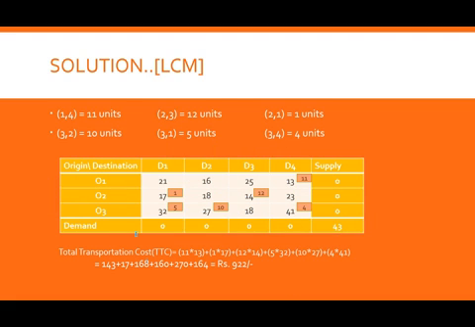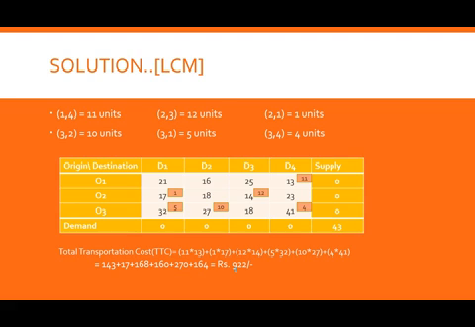So compute the TTC for this. It is 11 into 13 plus 1 into 17 plus 12 into 14 plus 5 into 32 plus 10 into 27 plus 4 into 41. So I get 143 plus 17 plus 168 plus 160 plus 270 plus 164.